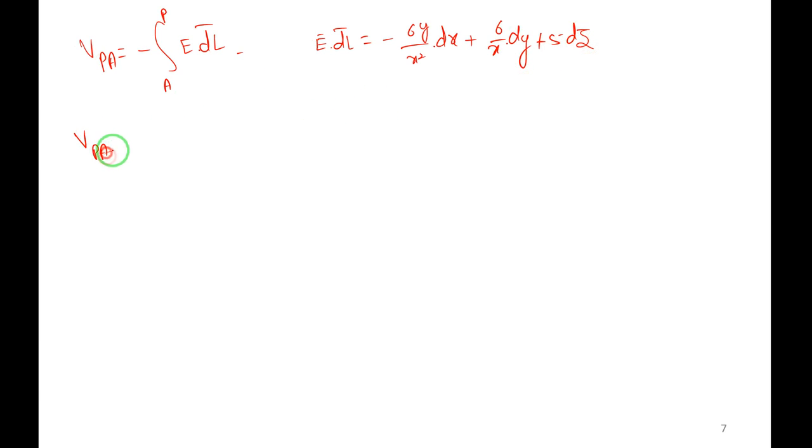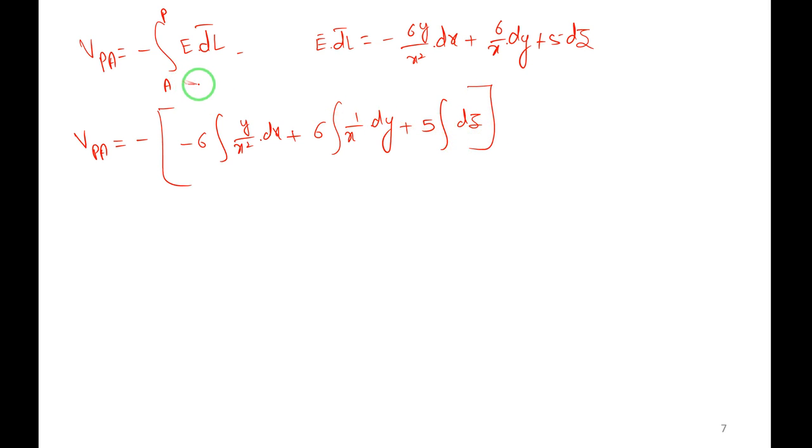VPA is minus open bracket, we'll split this integration among these three terms. Minus 6 can be taken out from the first integration, integration of y by x square dx, plus in the second term 6 can be taken out, integration of 1 by x dy, plus 5 is taken out, integration of dz.